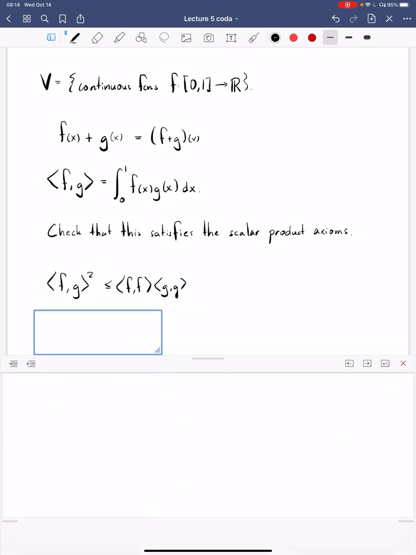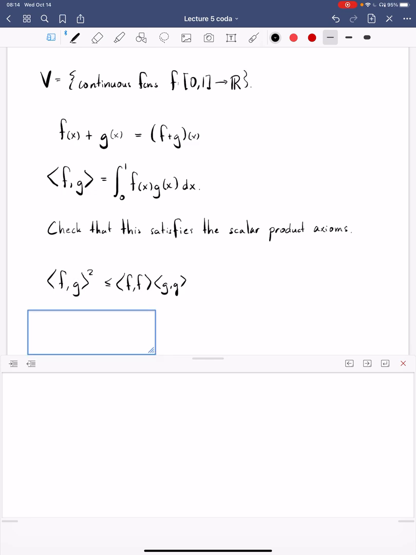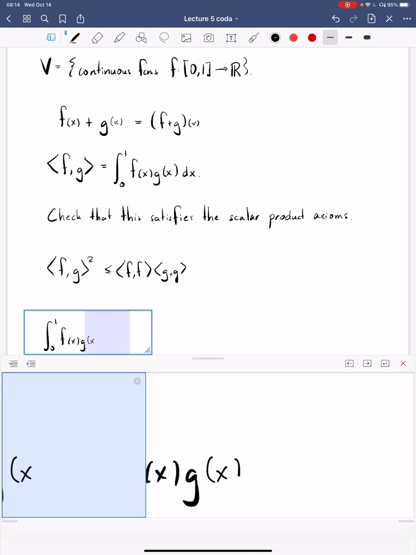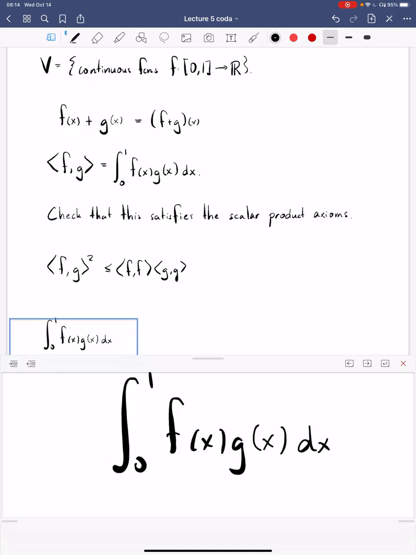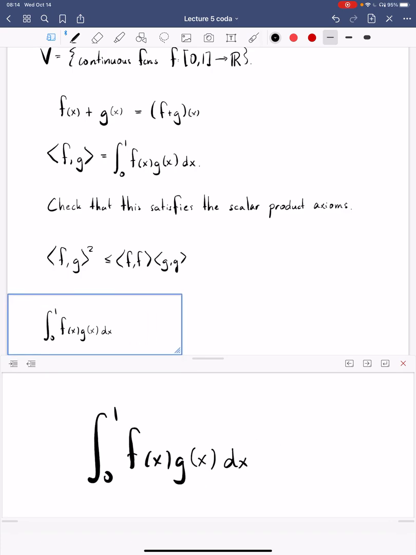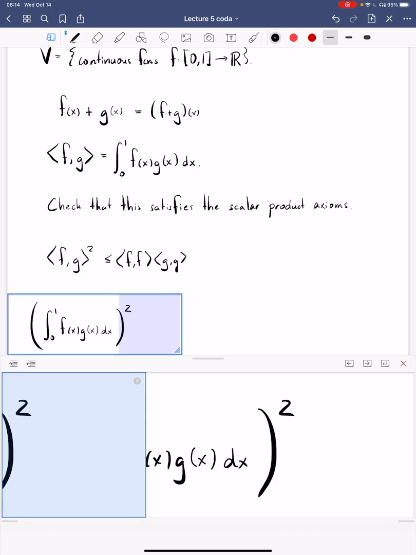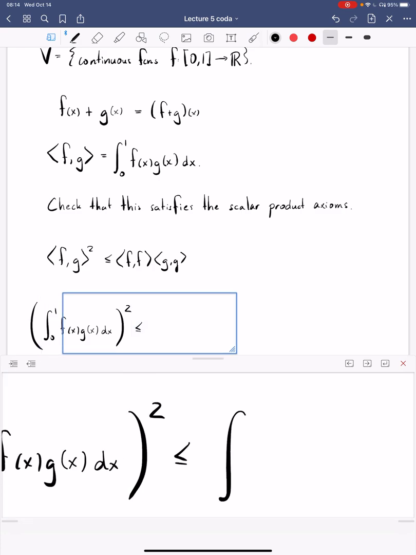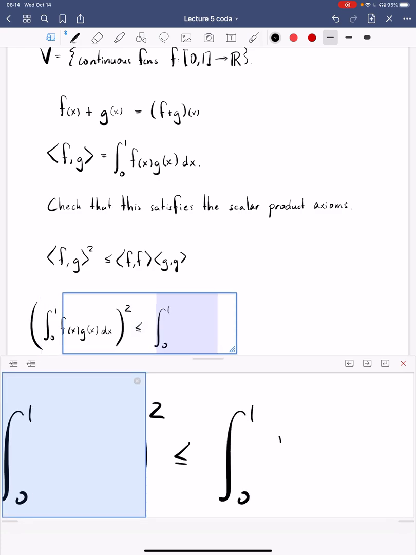And what does that actually say? It says that if I take the integral from 0 to 1 of f of x, g of x, dx, and I square that whole quantity, this is less than or equal to the integral from 0 to 1 of f squared of x dx.